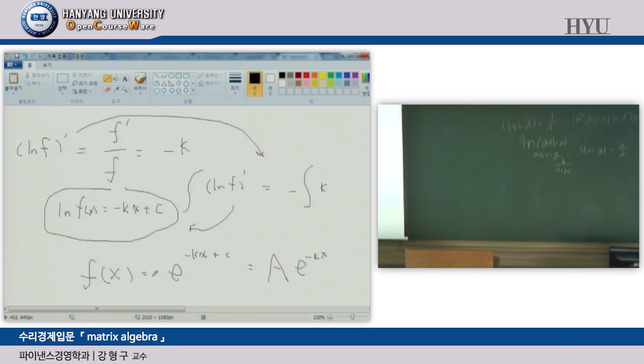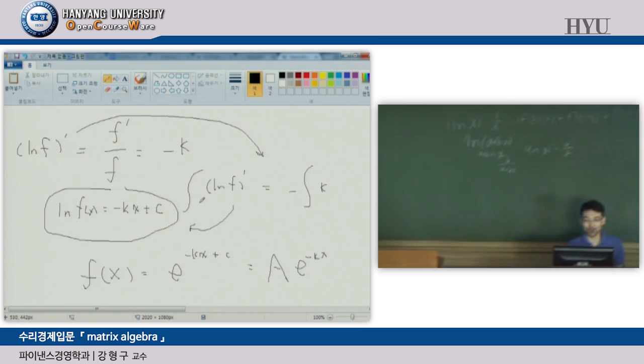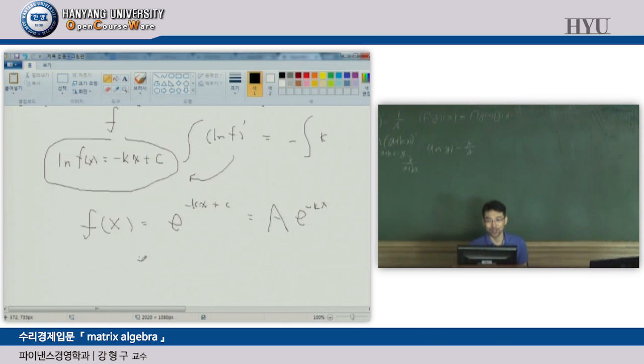Which one? You mean this part? This one? This one? From here to here? Okay. Good. Yeah, good question. Well, it is exponential function, so it is simply e to the c multiplied by e to the minus kx. Right? And then I call simply this one a. Of course, a should be greater than 0, right?